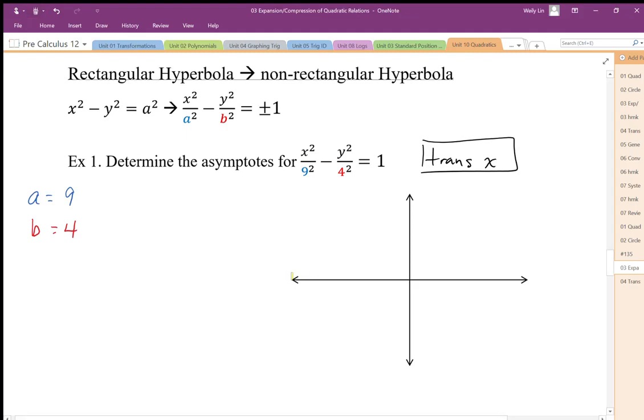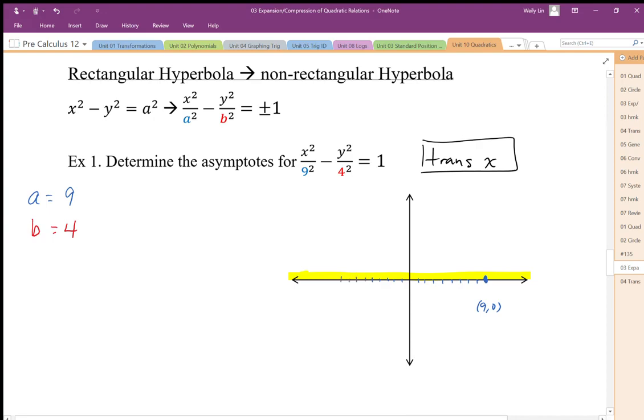So trans x. I'm going to go 9 along the x-axis. Shorten that up a bit. So that represents 9, 0. I'm going to go the same distance, 1, 2, 3, 4, 5, 6, 7, 8, 9.